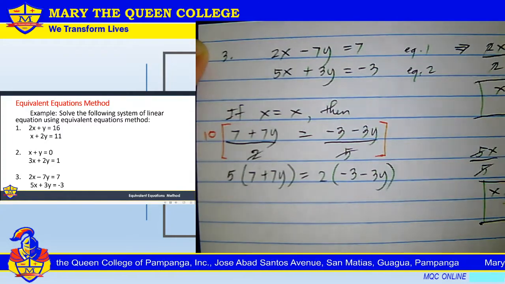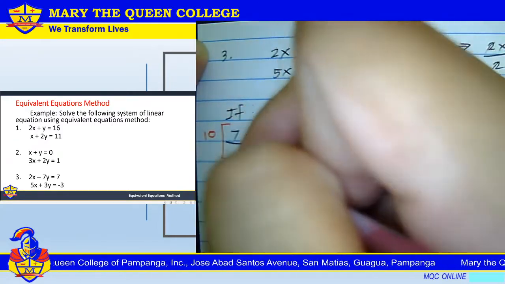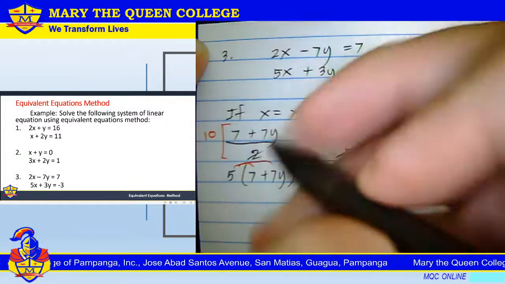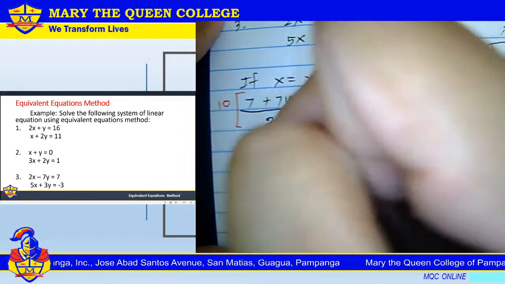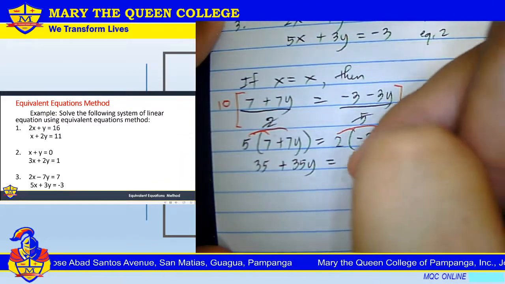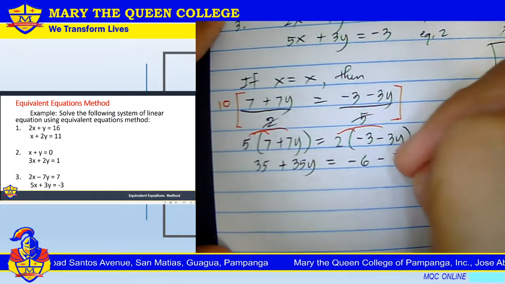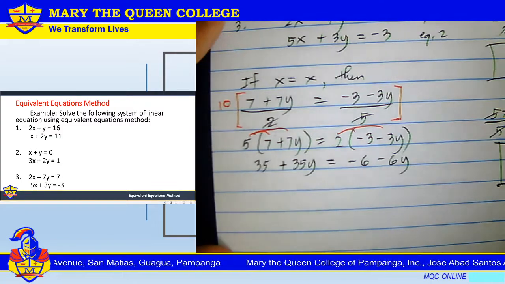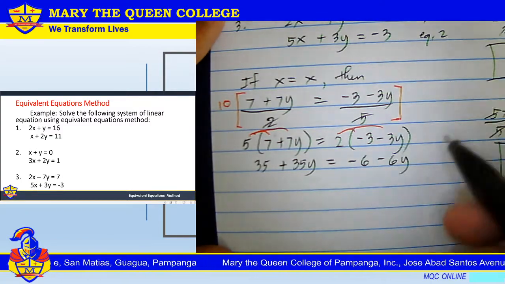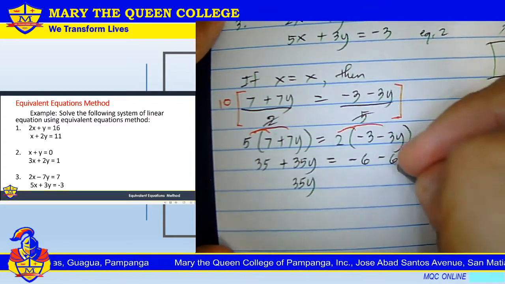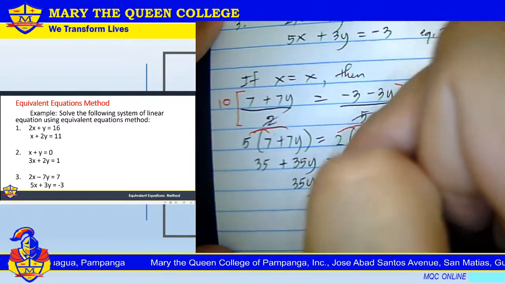Okay. And then, i-distribute mo po yan, yung ating multiplier na nasa labas. So, 5 times 7, that is 35. Plus 35y is equal to negative 6 minus 6y. Okay? Tapos, transpose natin, kung mapapansin nyo, 35y, pag nilipat mo ito magiging plus 6y yan.